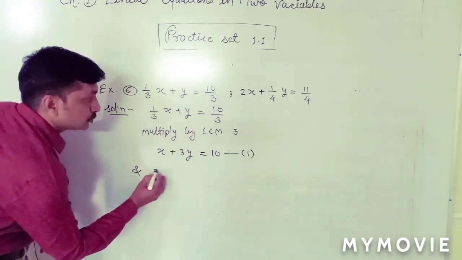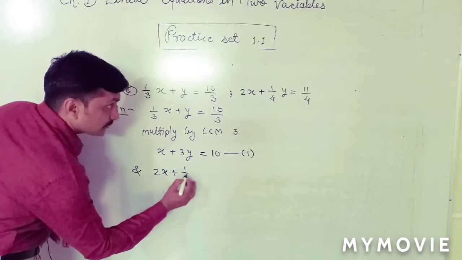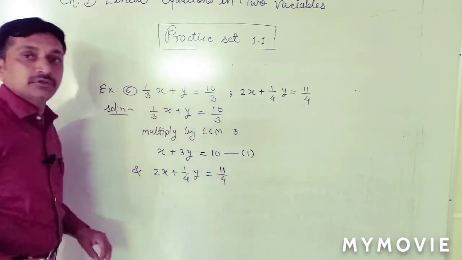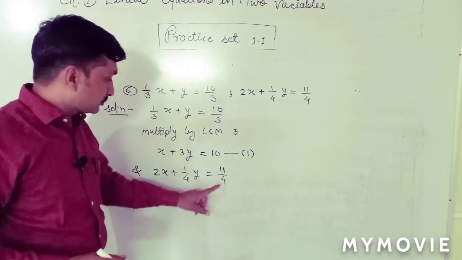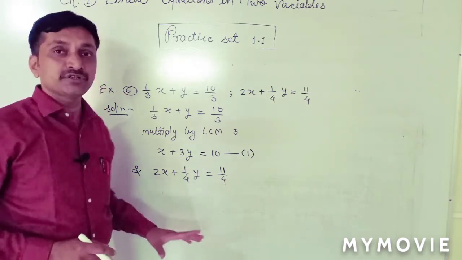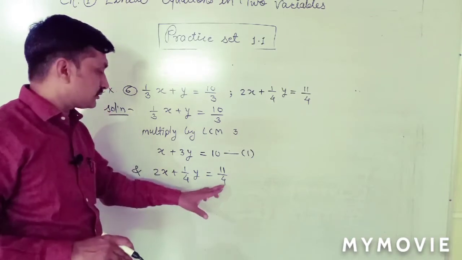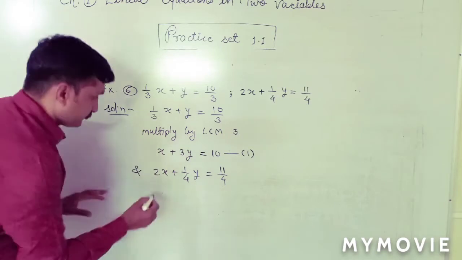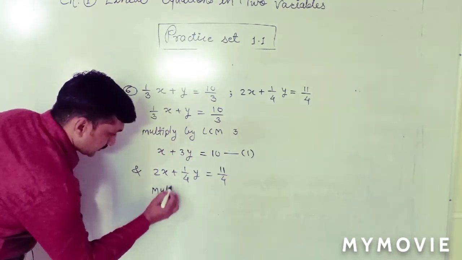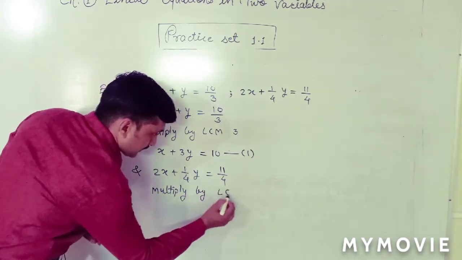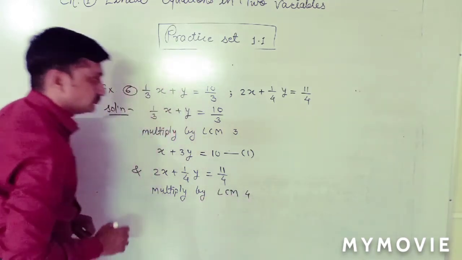And 2x plus 1 upon 4y is equal to 11 upon 4. Now here in the denominator, the numbers are 4, 4, 1. We don't want these numbers in the denominator. Again multiply by the LCM, and here the LCM of 4 and 1 is 4. Therefore multiply by 4.